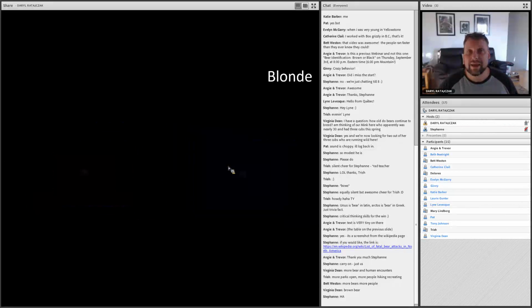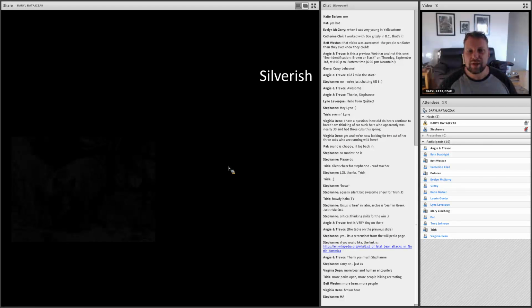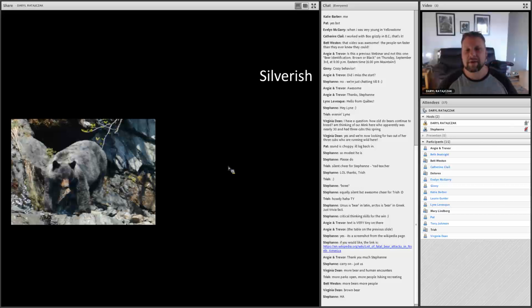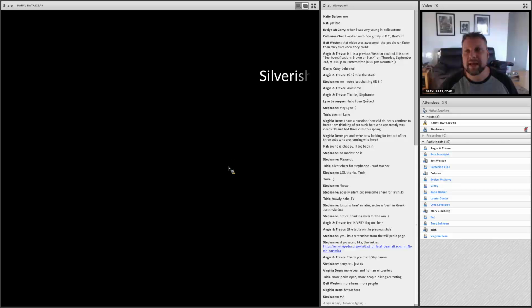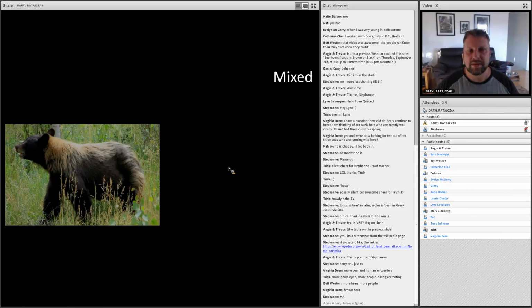All right, now let's get really crazy. We all know that there are those silverish, those glacial bears. Nobody can ever confuse that, because that is one of the coolest looking black bears there is. Well, believe it or not, grizzlies can have a silverish looking color too. And from a distance, it might not be real easy to differentiate these two. And last but not least, let's have a mixed.